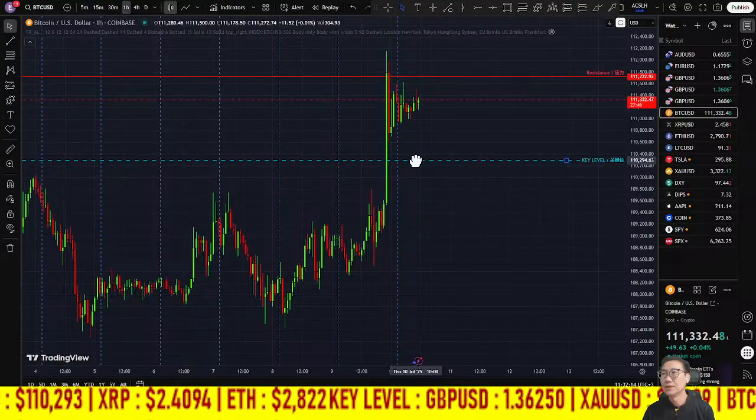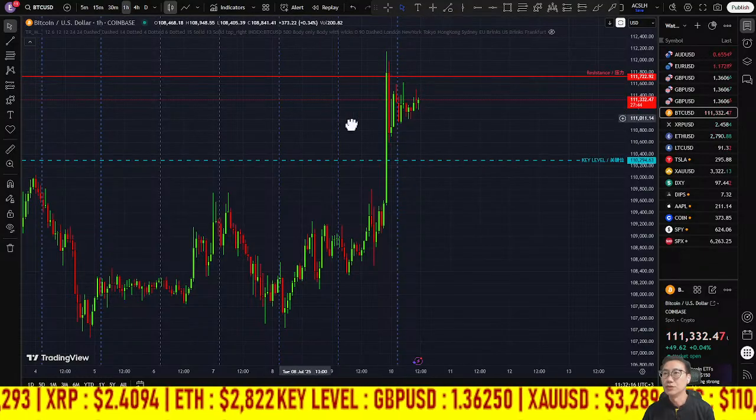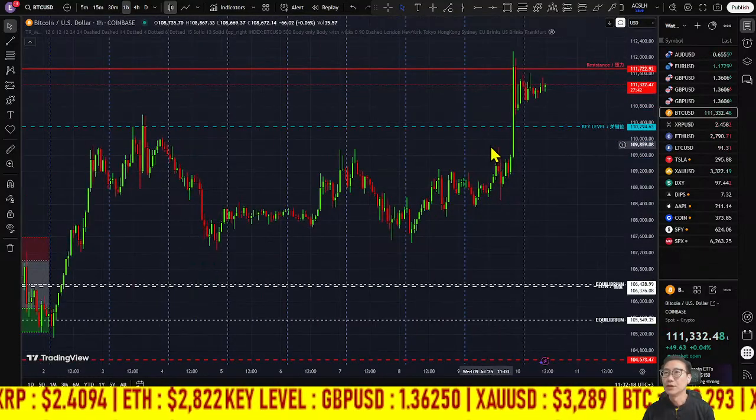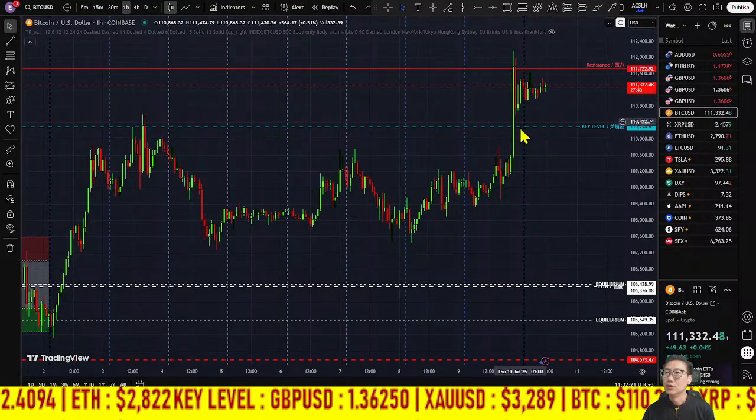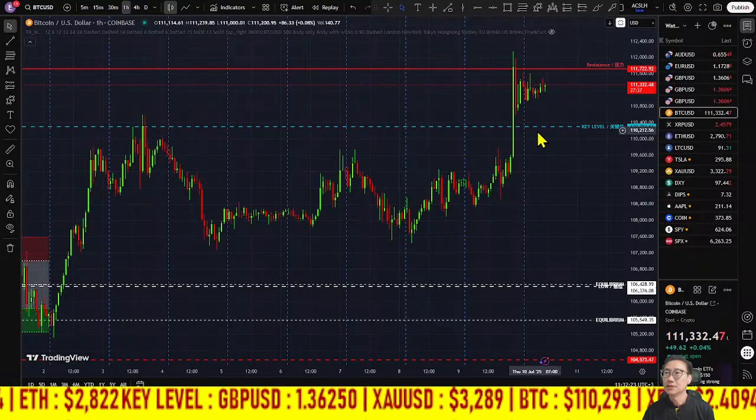So it should be around here, into this area here. Why? The reason behind it is that this will be the key levels.